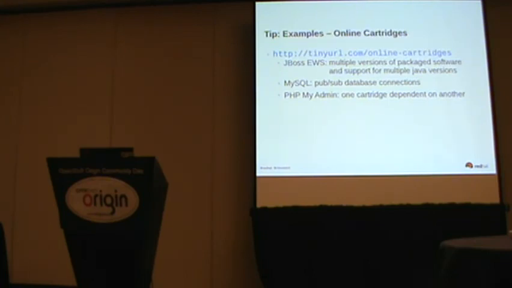It also supports multiple Java versions through marker files. So it's one of the more complicated matrixed ones of like, okay, I want to do this version of the package software and I want to run with these marker files. So it's a nice complex example. MySQL is going to show you the pub/sub examples, and PHP MyAdmin is the one that has the dependencies checking in for you.